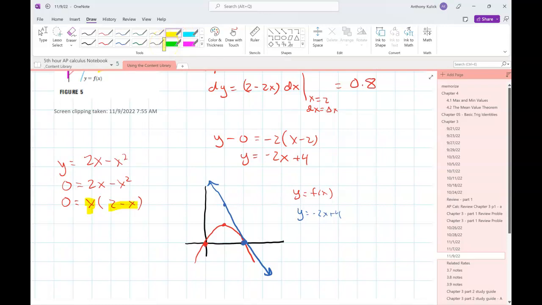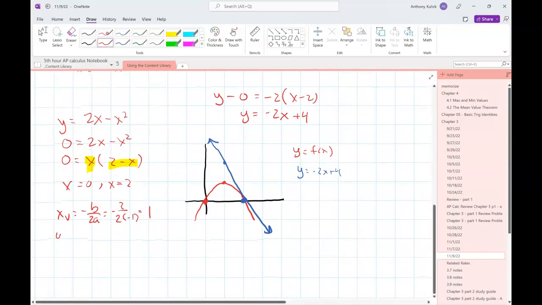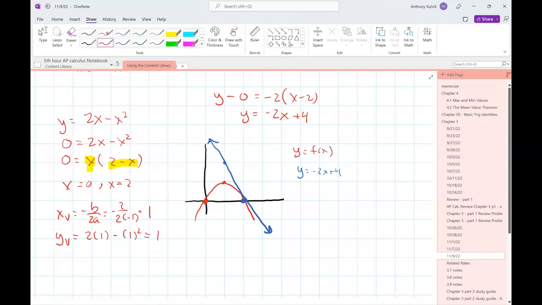And when I set 2 minus x equal to 0, the solution is 2. So that gives me the 2 x-intercepts. And then my vertex is -b over 2a. The b value is 2, and the a value is -1. So that's 1. And the y value is I just plug 1 in for x in f of x. So there are the points for my parabola.